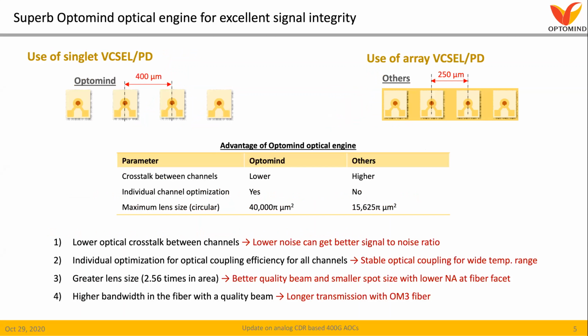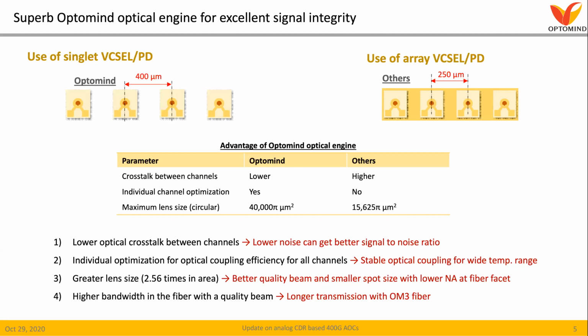We got a very unique optical engine with our own optics design. Using individual VCSEL and PD, we achieved desirable features from the design for the following. Lower optical crosstalk between channels, which can make lower optical noise from adjacent channels.